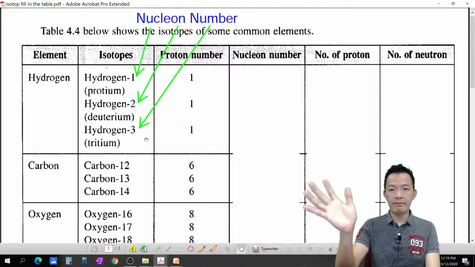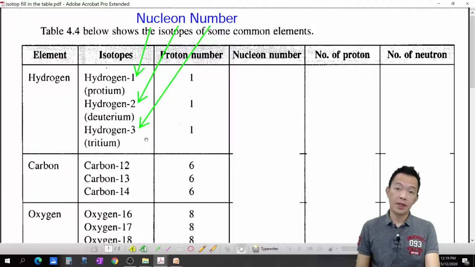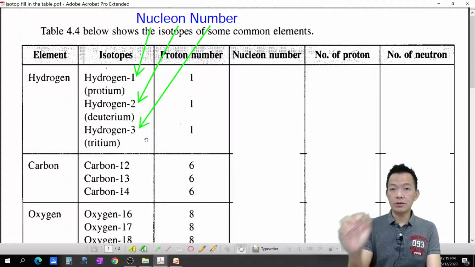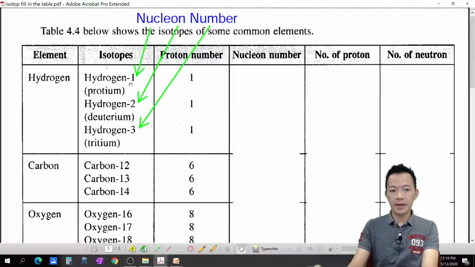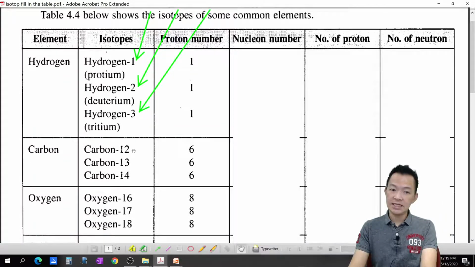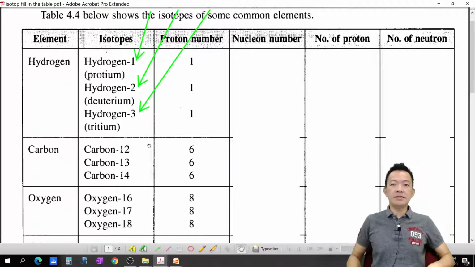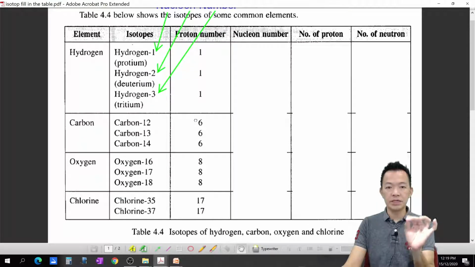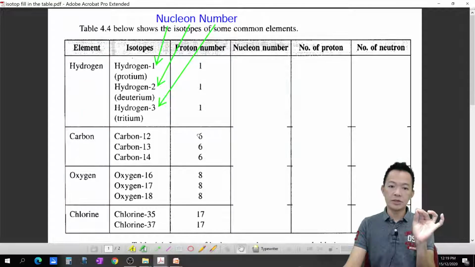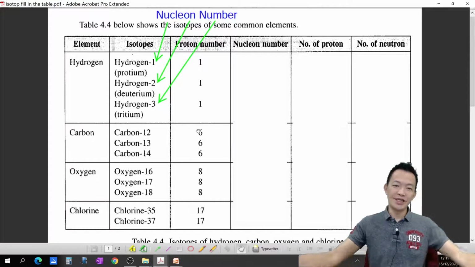We don't need to memorise these. Once the question talks about isotope, they will tell you the nucleon number of the atom, written behind the name. Hydrogen 1 means nucleon number 1, hydrogen 2 has nucleon number 2, hydrogen 3 has nucleon number 3. Carbon 12, 13, 14 are written behind the name, so no need to memorise. Can you fill in the table? If you get it right, you are very good.